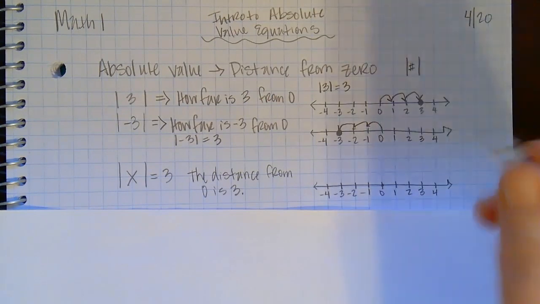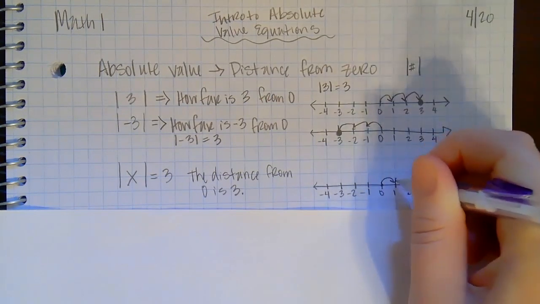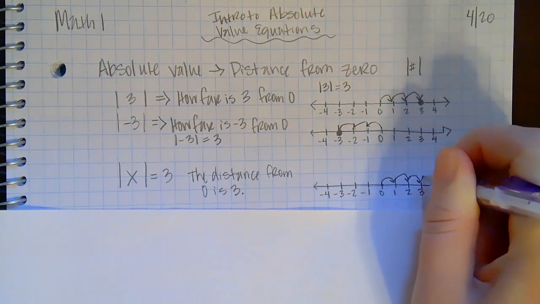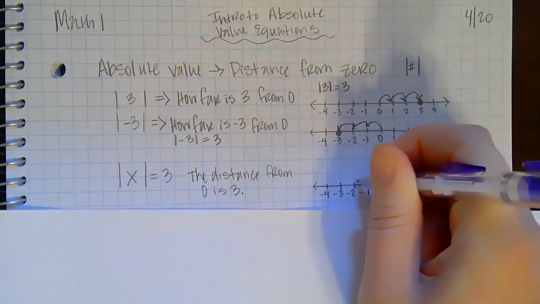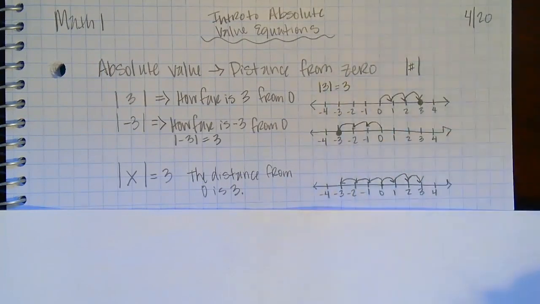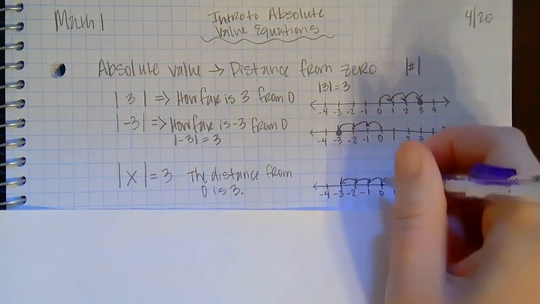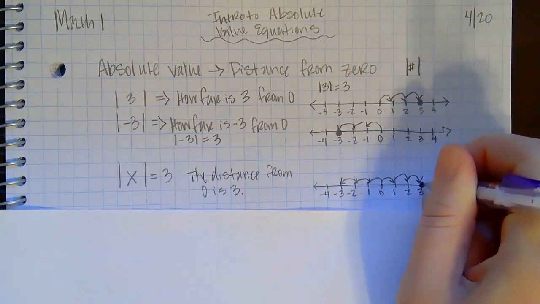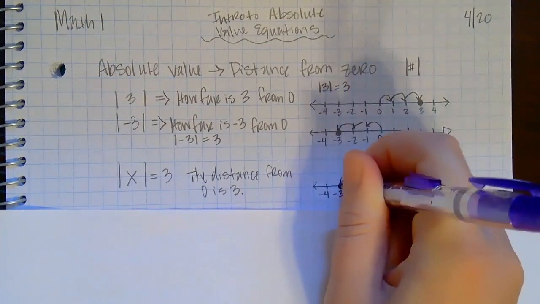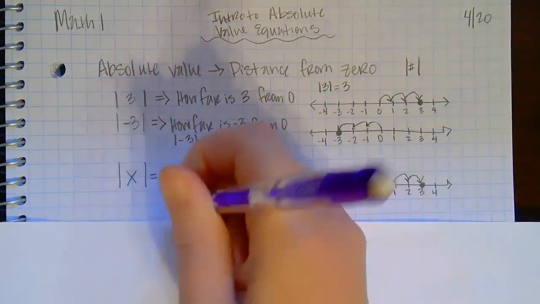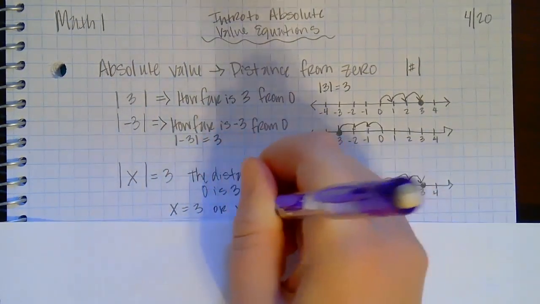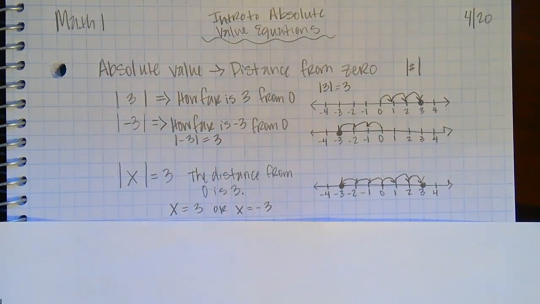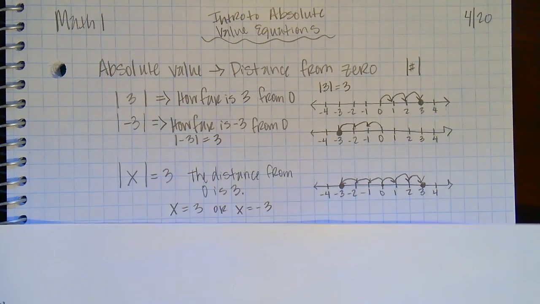Now you'll notice I could go 3 forward, 1, 2, 3, or I could go 3 backwards, 1, 2, 3. So that means I have two solutions. It could be a +3 if I go 3 forward, or it could be a -3 if I go 3 backwards. So that means x could be +3 or x could be -3.